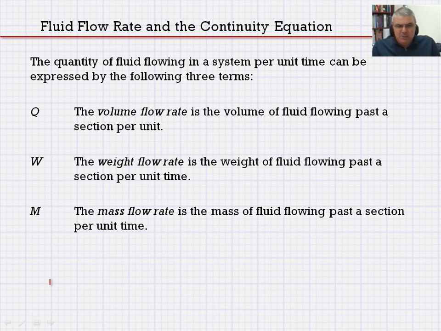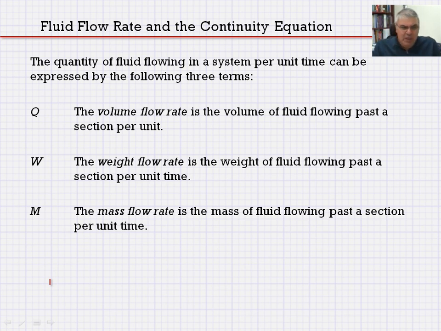Remember that we measure this at a particular section, since the diameter would be different, the pressure would be different. So we need to somehow have a way of measuring the flow, and that's called flow rate. Now we could measure the volume, we could measure the weight, and we could measure the mass of the same fluid at a particular location.